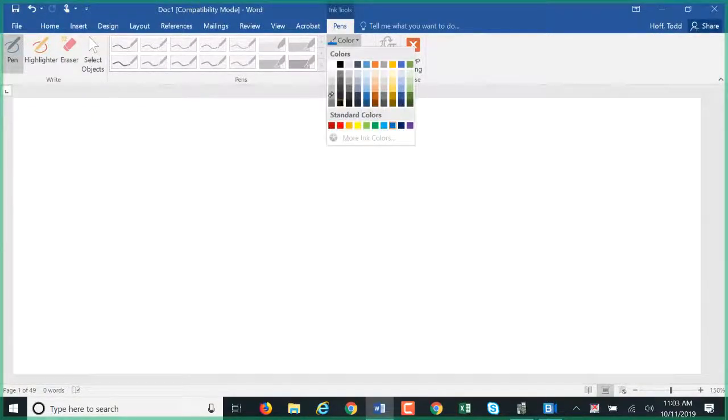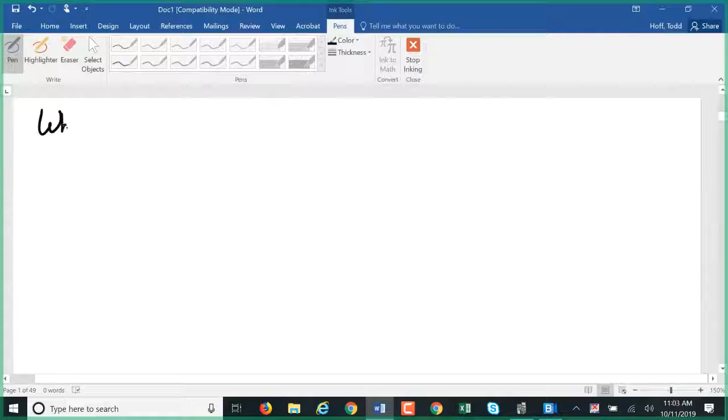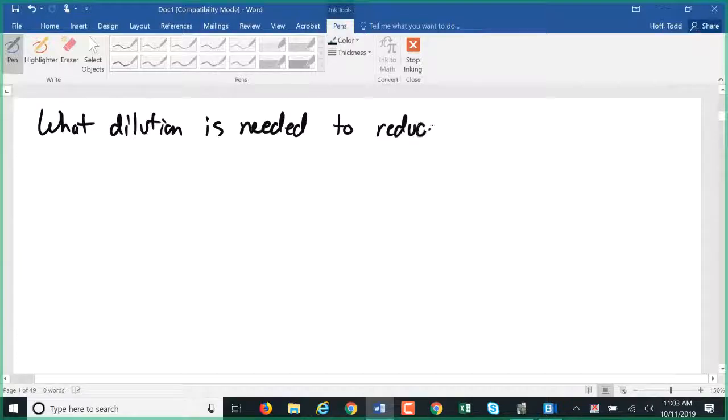So I might ask, what dilution is needed to reduce a 36% solution to 12%.